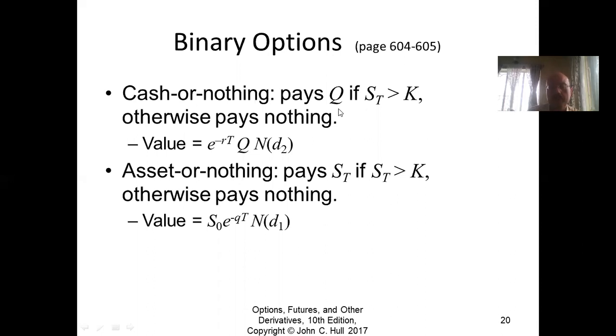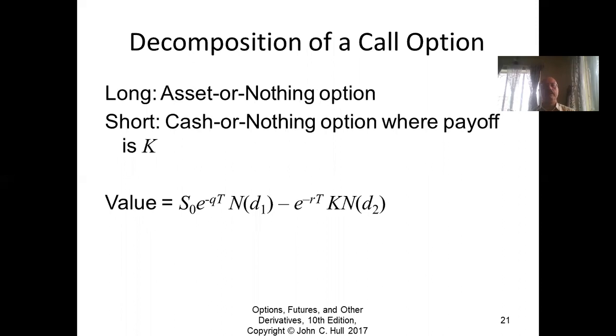So I will just look at one or two more cases and then we'll take a break. For a call option, we have already said that there are long positions and short positions. For a long position, you can think of it as an asset or nothing binary. For a short position, you can think of it as a cash or nothing binary. Because if you have a long position on a call, if you use it, you will get the asset. And if you are in the short position, if it is used, then you get cash.